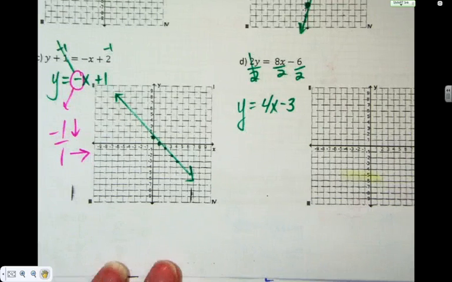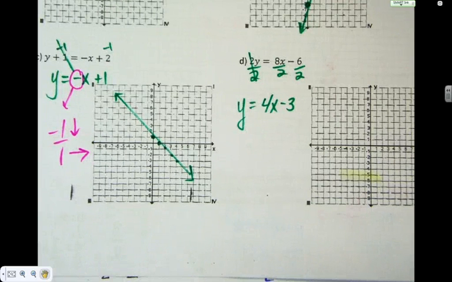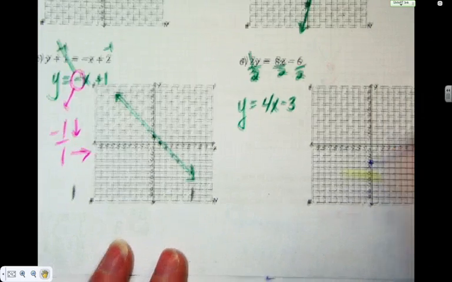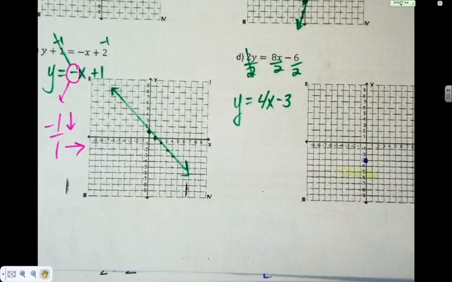Go ahead and graph that. So I got my y-intercept at negative 3.